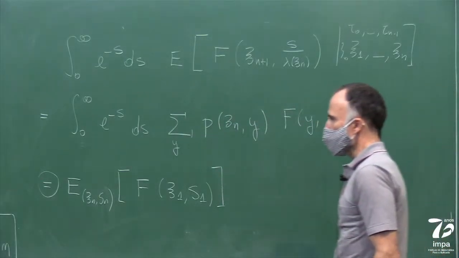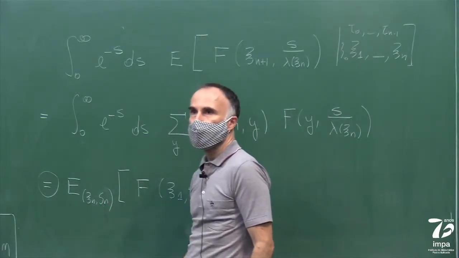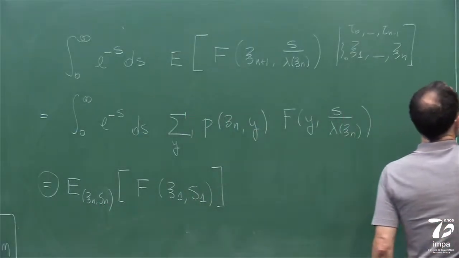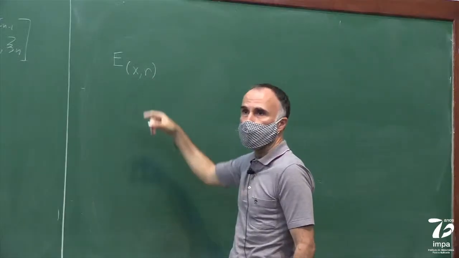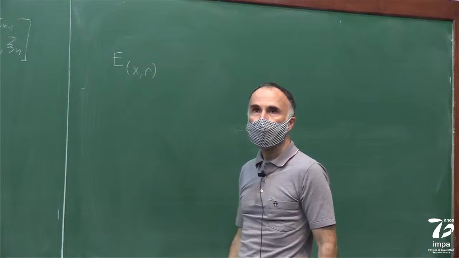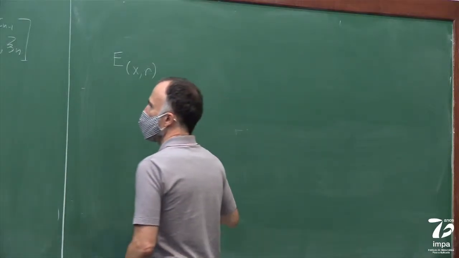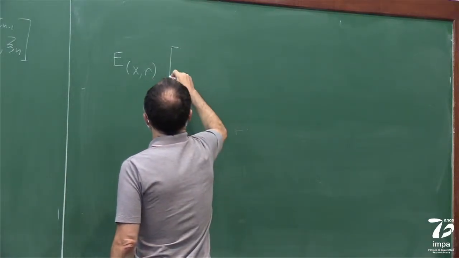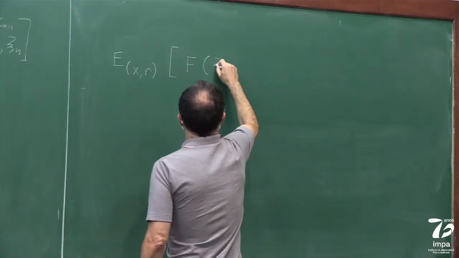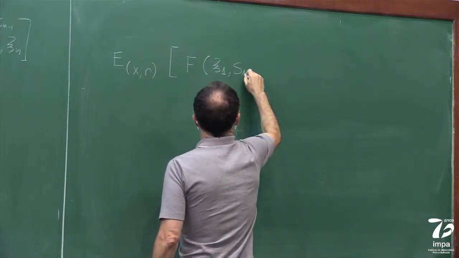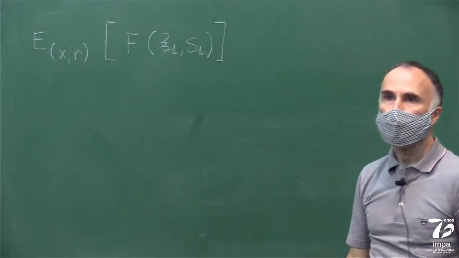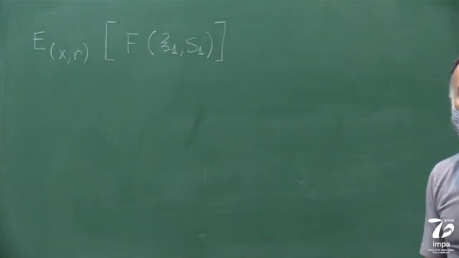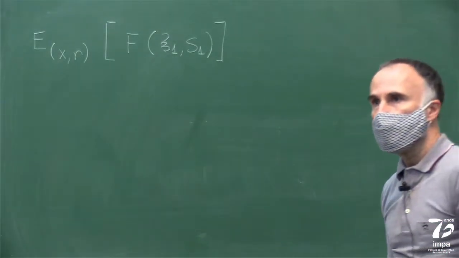So you have this Markov chain, you start from a point x and r. So x is an element of E, r is an element of 0 infinity. And you want to compute what is the expectation of this object. Okay?